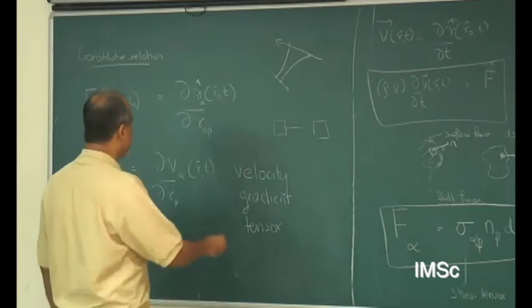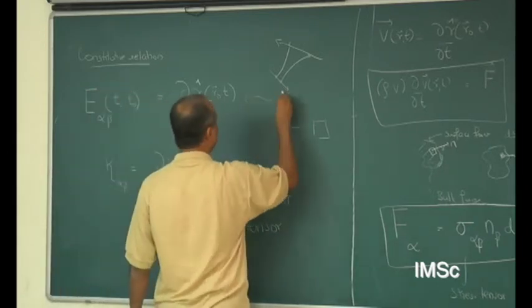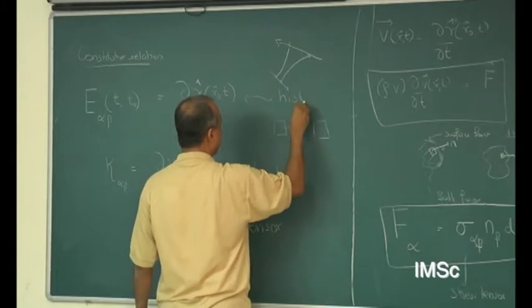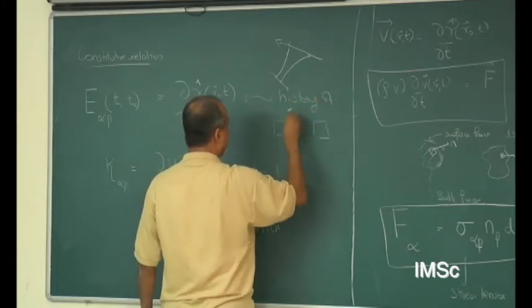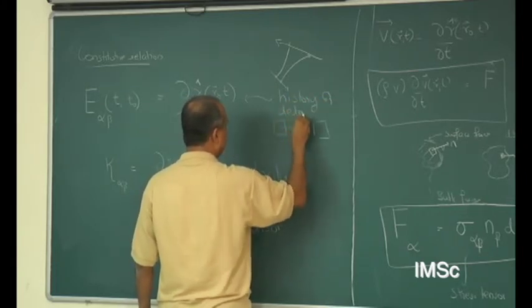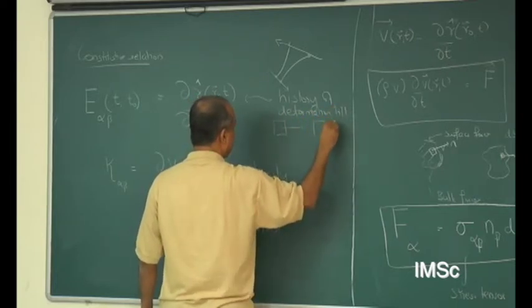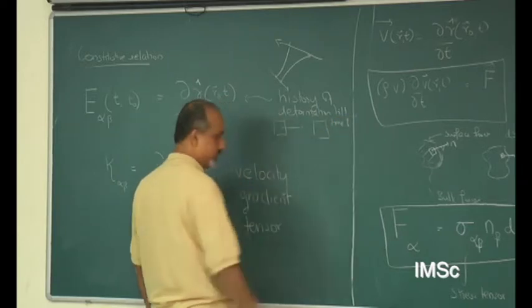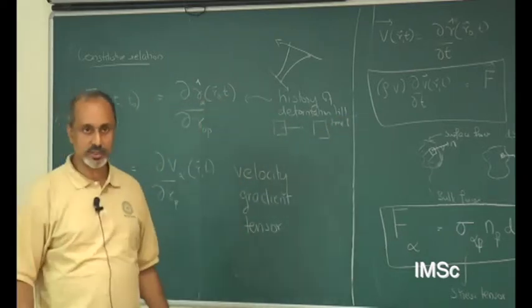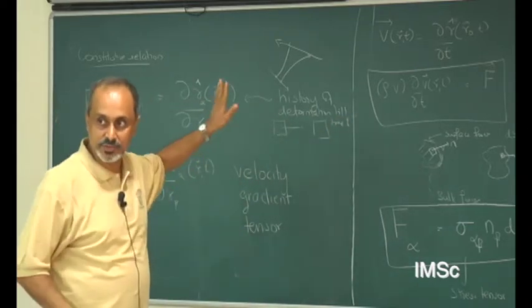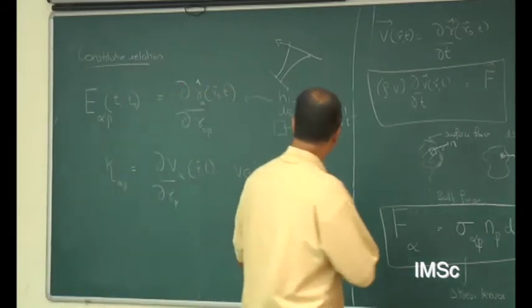And this quantity here encodes the history of the deformation till time t. Because I can stop it anywhere in between, I have to specify a full function as a function of t, where all of these points actually went.